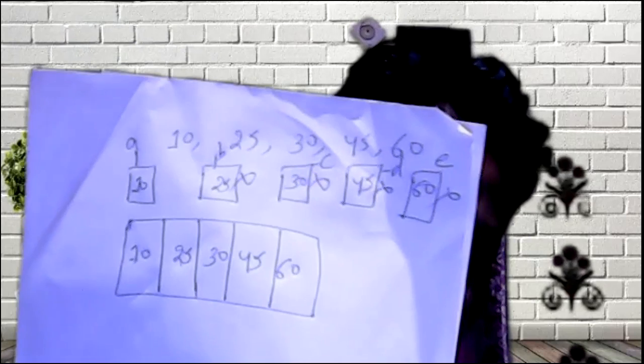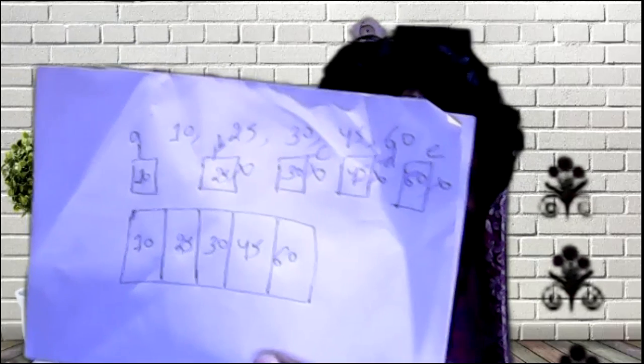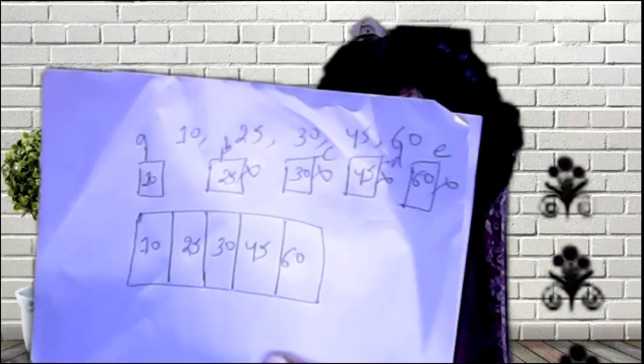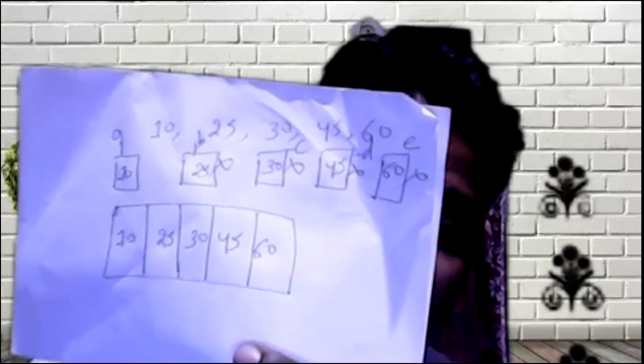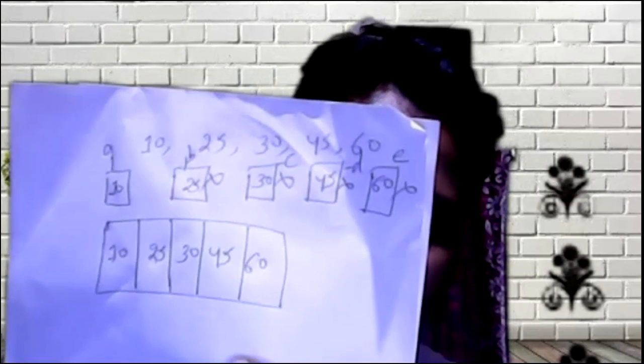When you call A, it returns 10. B returns 25. C returns 30. D returns 45. E returns 60.